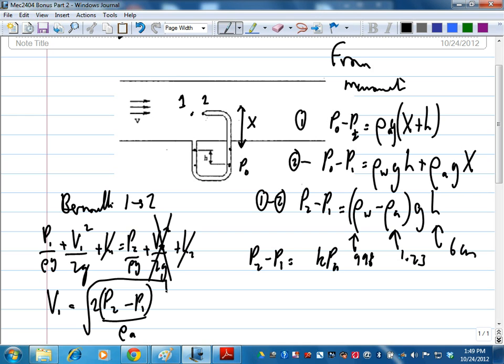You take the value you found earlier and put it in here, and then you can get meters per second. 6 cm is 0.06 meters.